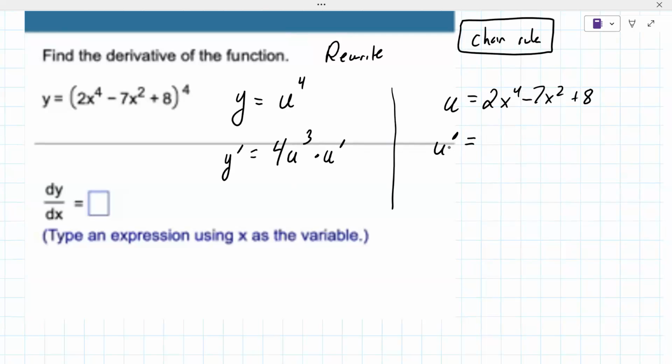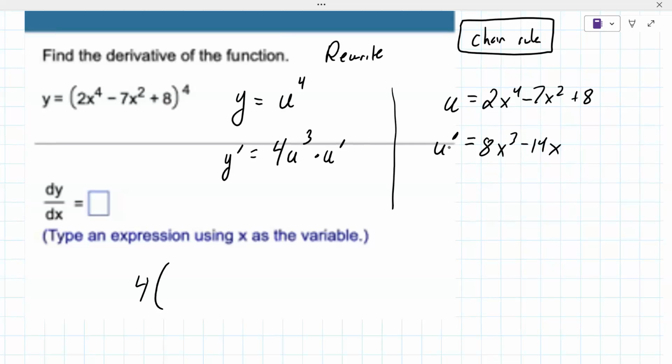So it'd be 8x to the third minus 14x. Perfect. That's it. And then you just back substitute.